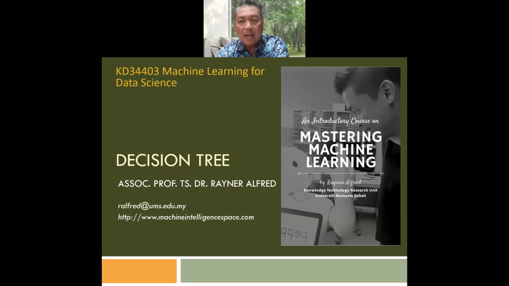In the last two lectures, you studied about neural network and also perceptron. So today we will learn about decision tree and look at some of the terms for benchmarking that you need to know.